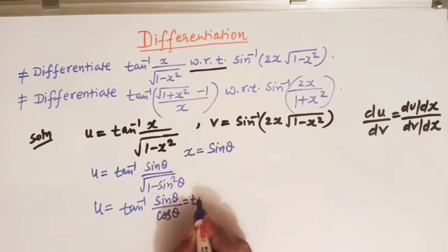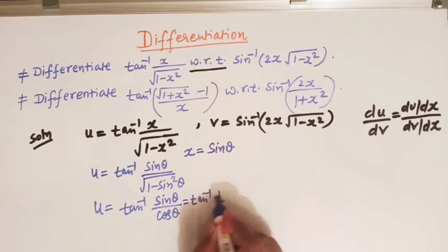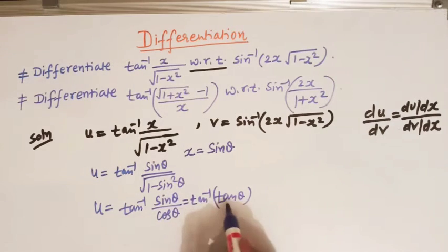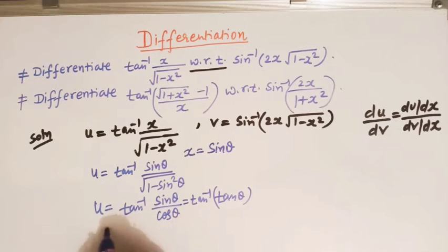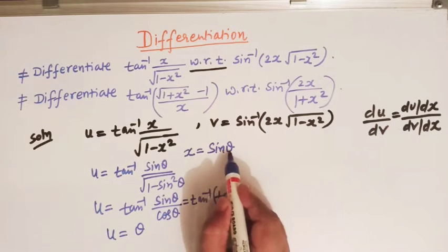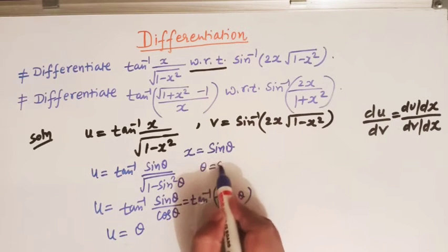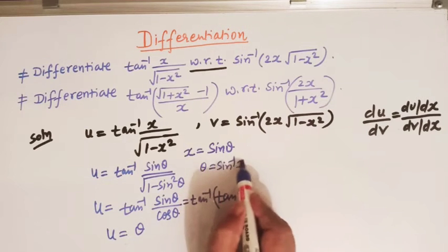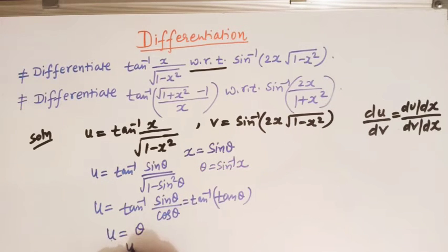So this is tan inverse tan theta, right? Because sine over cos is tan. Now tan and tan inverse get cancelled, so we have u is equal to theta, right? So from here theta can be written as sine inverse x. So therefore u is sine inverse x, right?